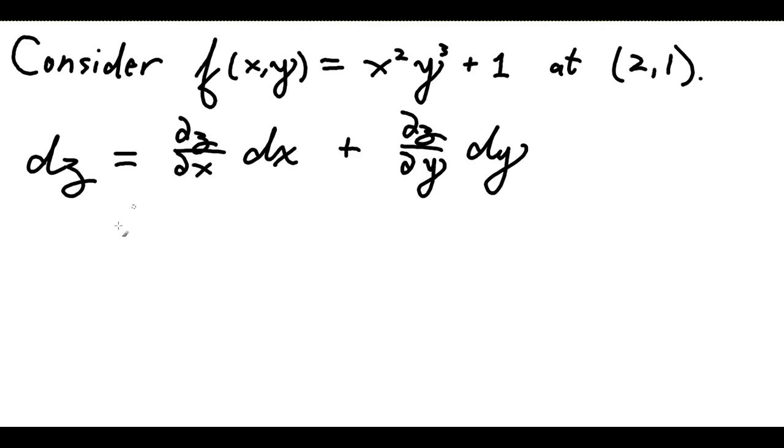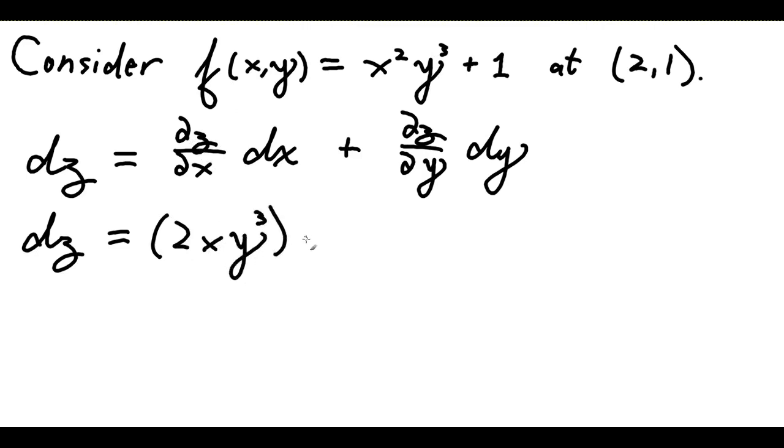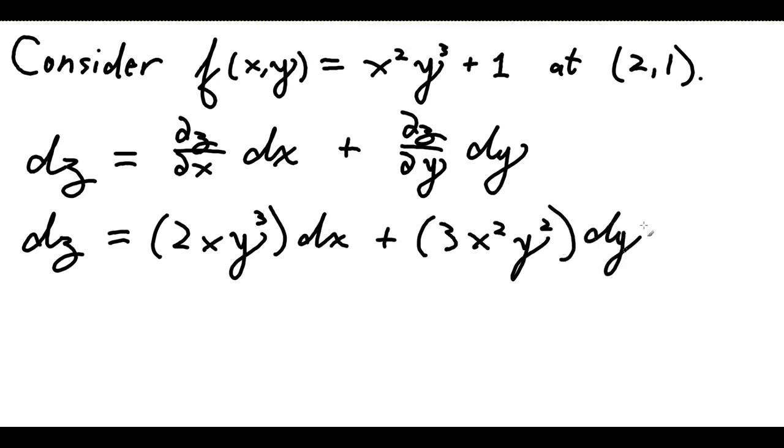But we could do several things with this. One thing we could do is to find a general expression for the total differential dz by evaluating these partials. The partial of z by x, with the understanding that z is equal to our function value f of x and y, is 2xy cubed. So we have that dx plus the partial by y gives us 3x squared y squared dy.